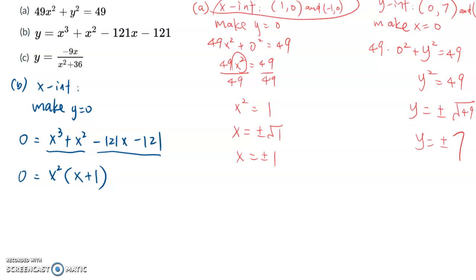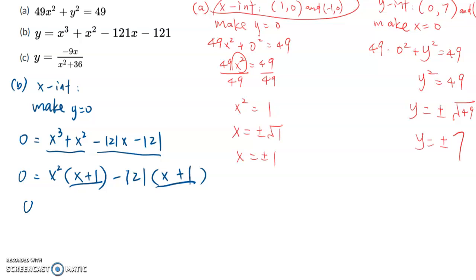The second group, the GCF, greatest common factor, looks like it's negative 121. I'm going to factor that out. Then every term will have to be divided by negative 121 and go into the parentheses. So I have x plus 1. Notice that they have the same factor, x plus 1.